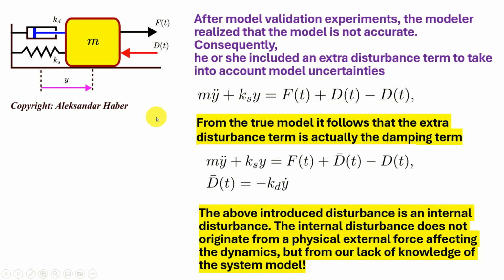Now, our modeler realized that, and to compensate for this model uncertainty, he or she can include an extra term over here that I denote by d bar. Maybe you don't see the bar over here, however, there is this term d bar, and you can see it better over here. Now, from the true model, it follows that the extra disturbance term is actually the damping term.